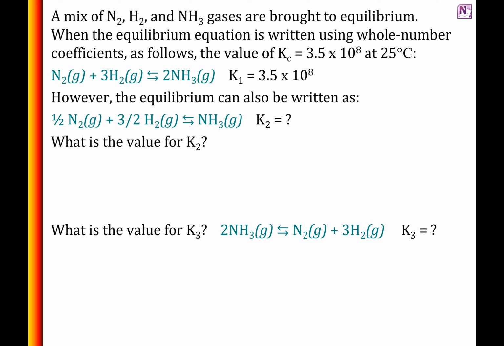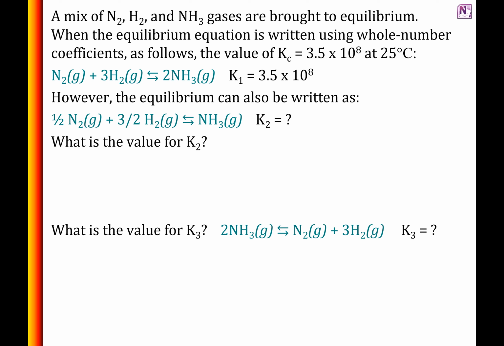Okay, so let's look at the first one. Let's see, what have they done? They've gone from nitrogen plus 3 hydrogen give us 2 ammonia, and our new equation is 1/2 nitrogen plus 3/2 hydrogen, which is in equilibrium with ammonia. So we want to know what is K2. What they've actually done to this equation is they've divided everything by 2.